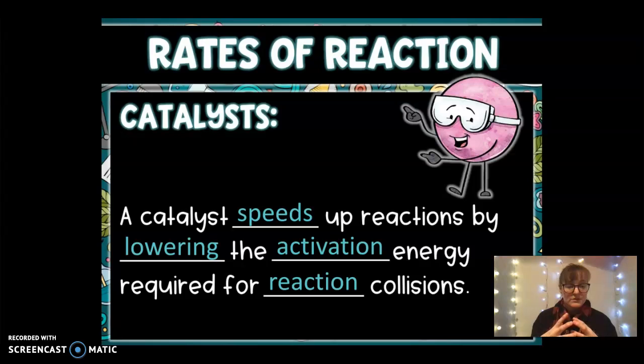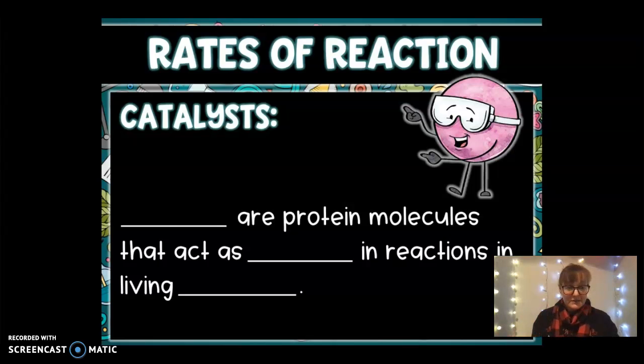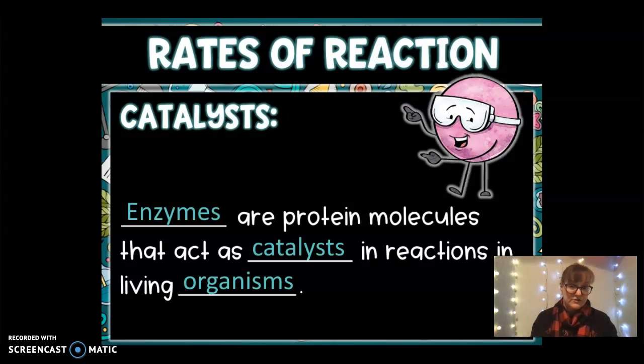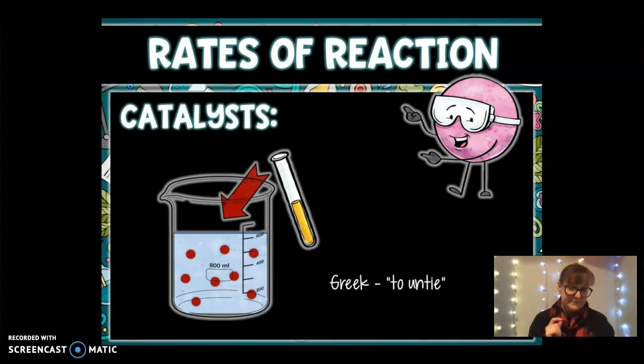So it decreases the amount of energy needed for that reaction to occur. You add the catalyst, you get a faster reaction. Enzymes are a type of catalyst that are used in living organisms. Catalyst literally means to unite in Greek. So you use the catalyst, you have a faster reaction.